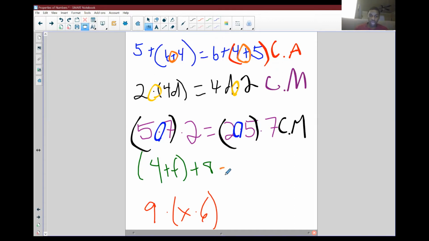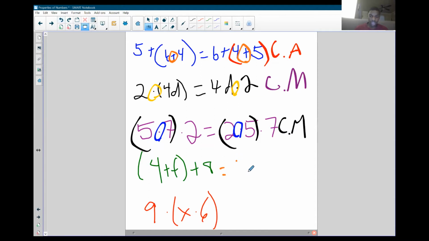So this will be, let's do C dot A. So let's do 8. Yeah, it freezes up for just a second.